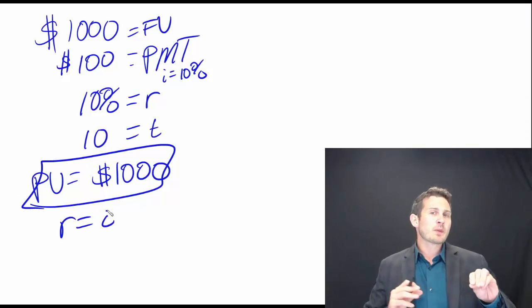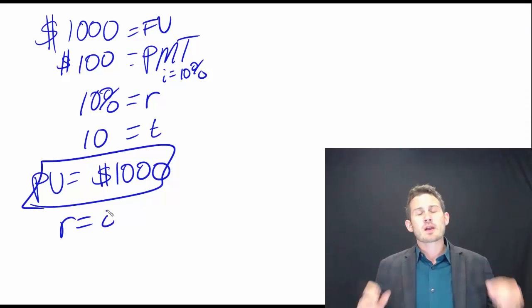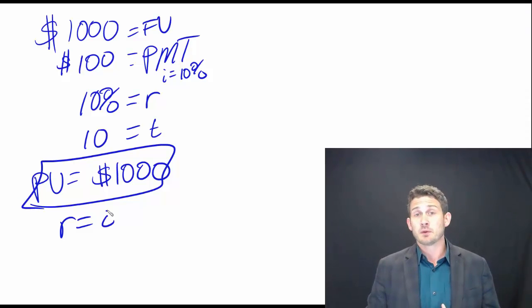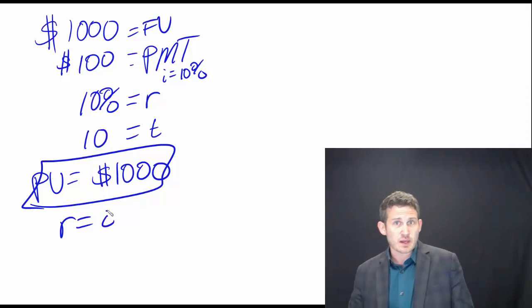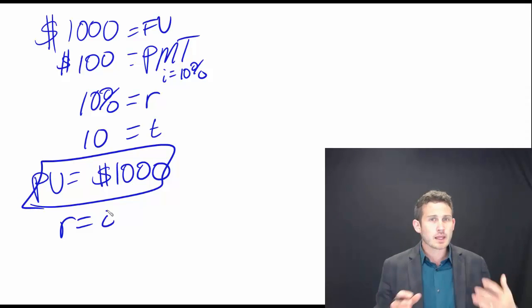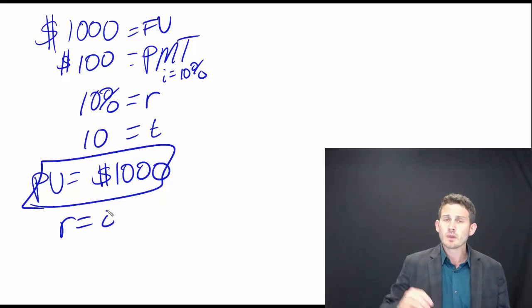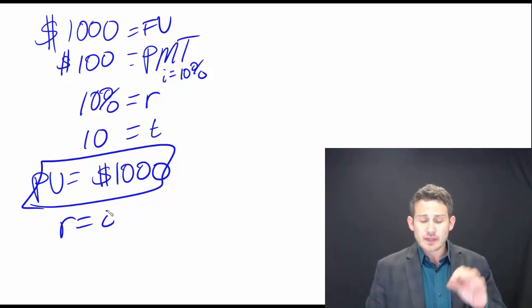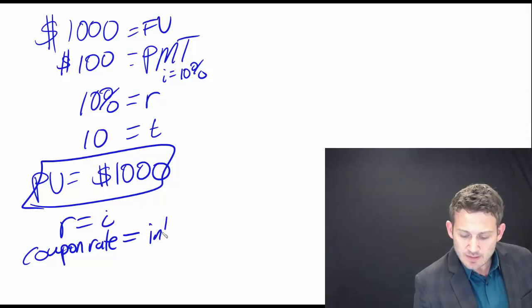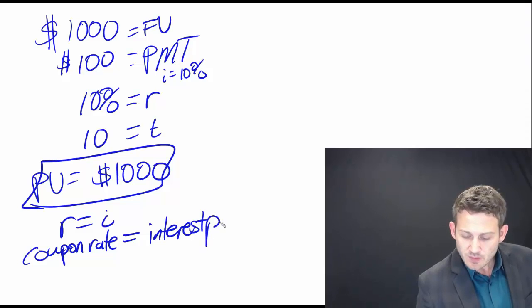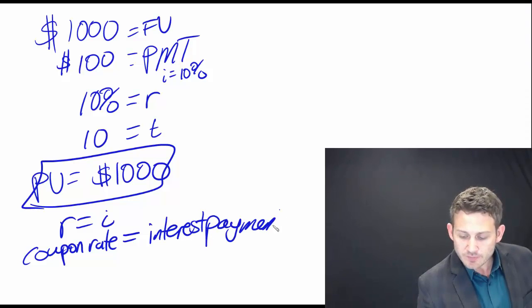Now, this is something that is very commonly mixed up by students. We think about the discount rate, the interest rate, the coupon rate, all these rates, and they get a little bit confusing. The coupon rate is the amount that I'm paying in interest payments on this bond.